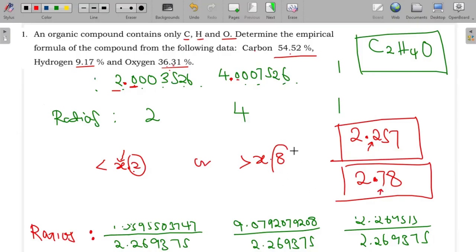It's less than what? 0.8. So we can't round off this. So how do you handle such? You just look for a number such that when you multiply this number, it's going to give you a whole number or a number that you can round off easily. By that, we mean a number that will be less than 0.2 or greater than what? 0.8. They like using that trick, but this one was just straightforward.